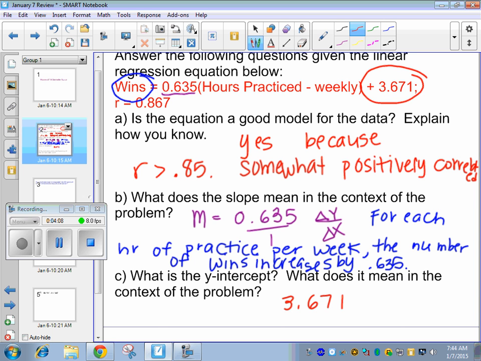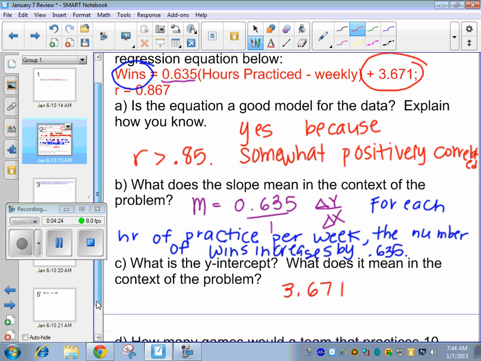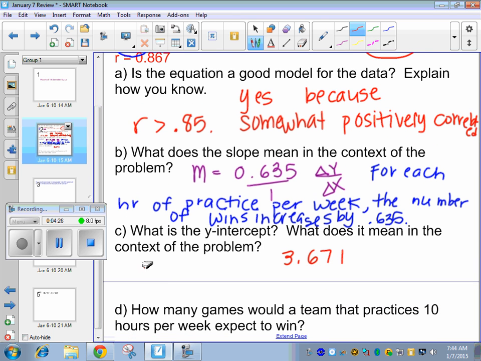What does the y-intercept mean in the context of the problem? The y-intercept is when x is what? 0, okay? So if I practice for 0 hours, how many games do we win? Yep, on average 3.67, okay?